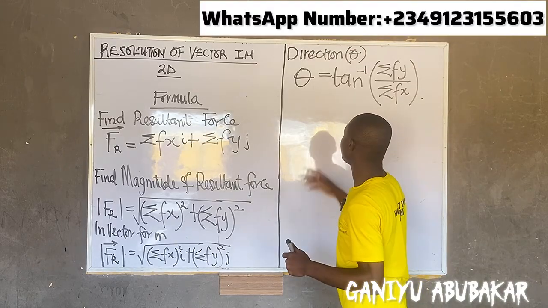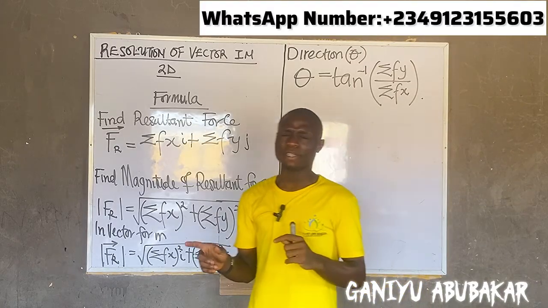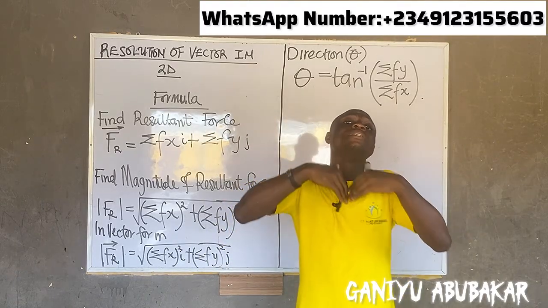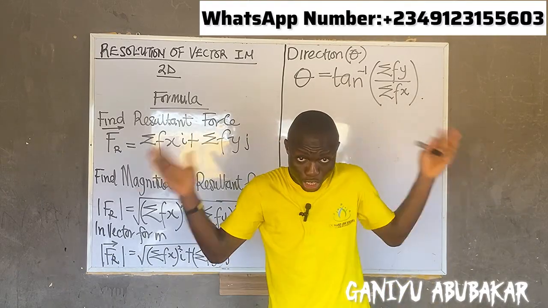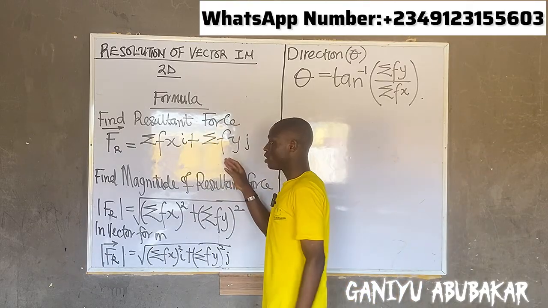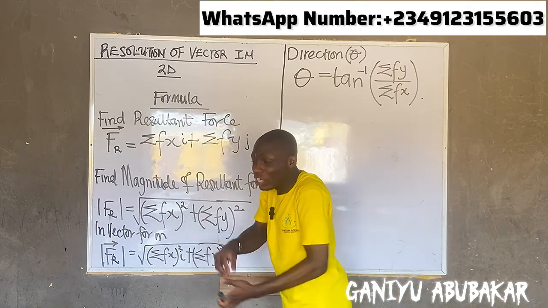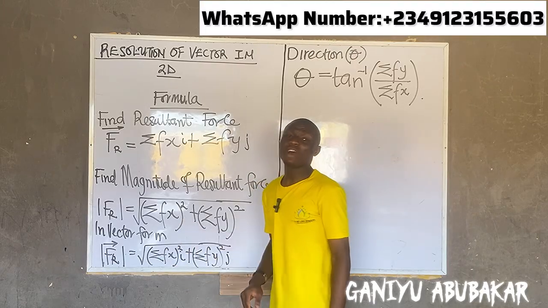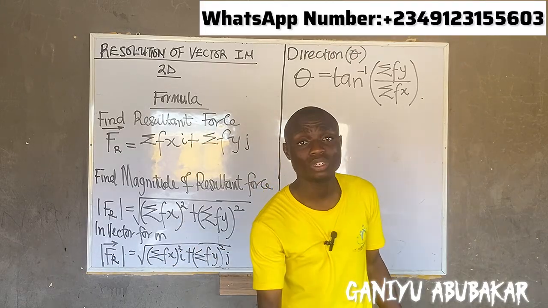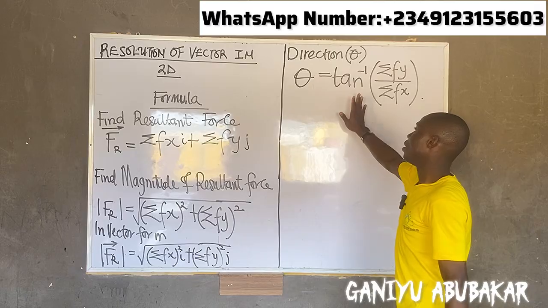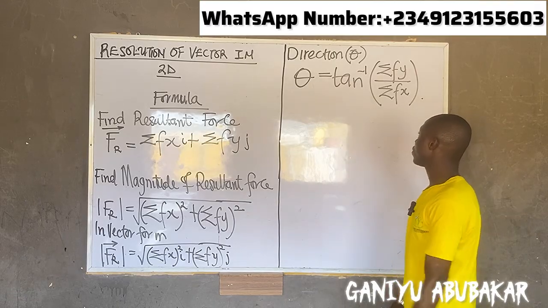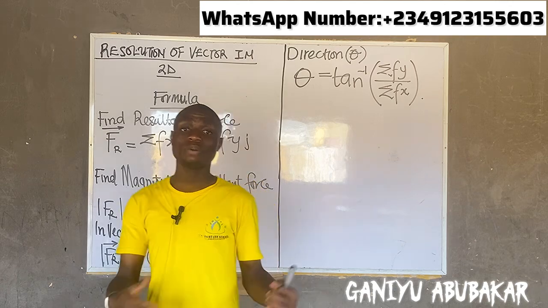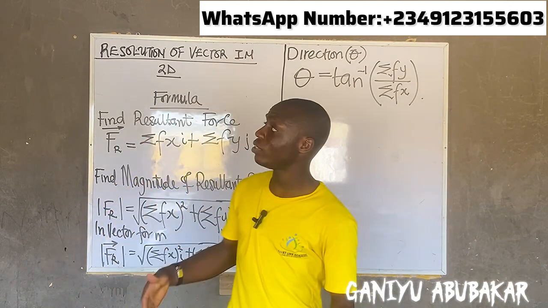In an exam, if you are asked to find the resultant force alone, just use the first formula. If you have to find the magnitude of resultant force, use the square root formula. And if you have to find direction, theta equals tan inverse of summation F of y over summation F of x. So note these formulas.